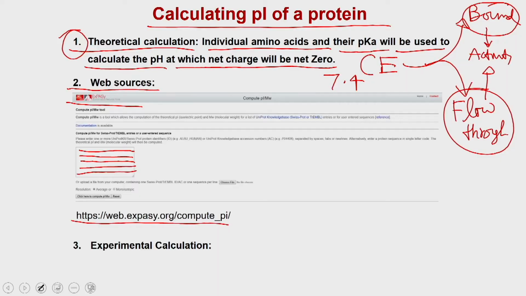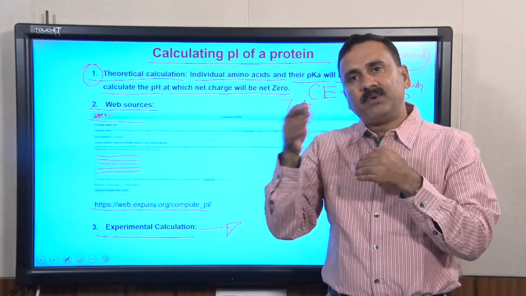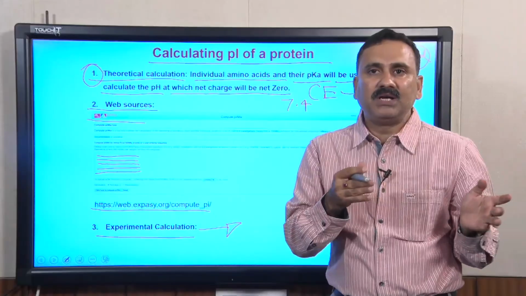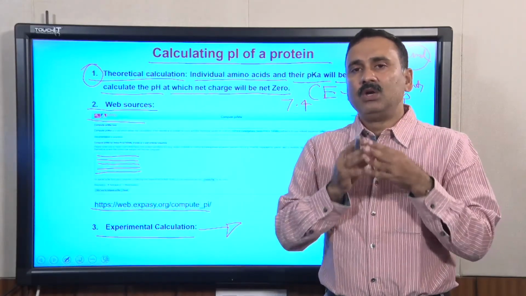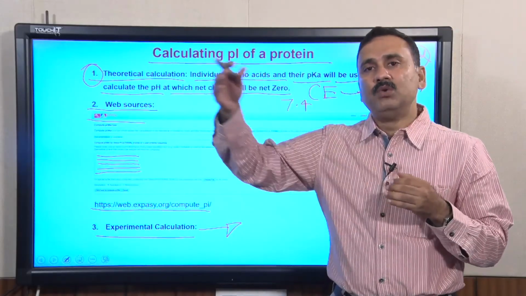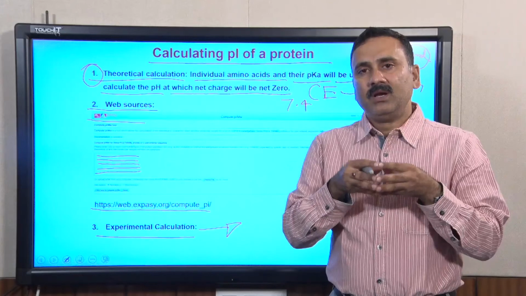Now, the third method is the experimental way of calculating the pI values. You know that the protein is soluble in a buffer simply because it has some positive charges and some negative charges, and these charges allow the protein to interact with the molecules of the buffer, and because of that the protein will remain in solution.